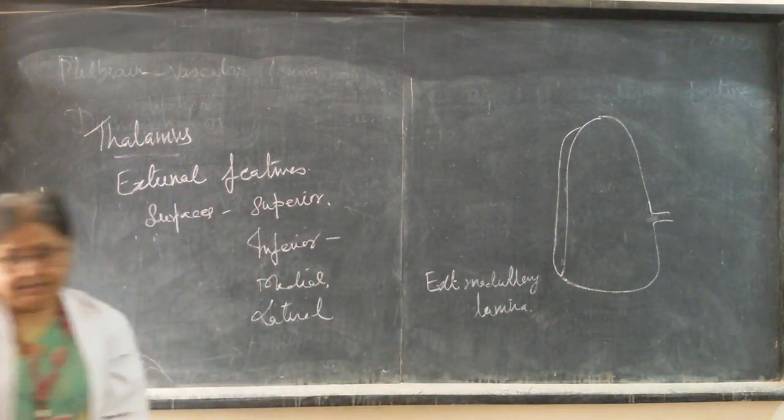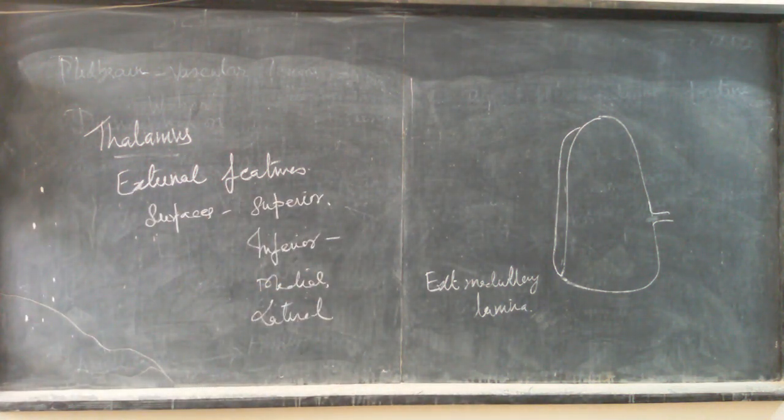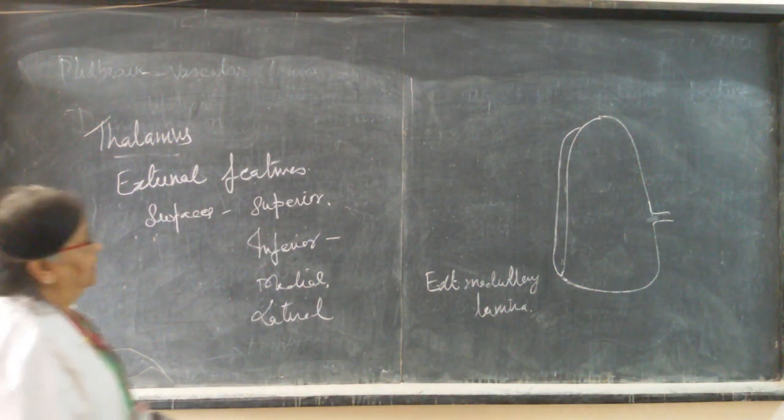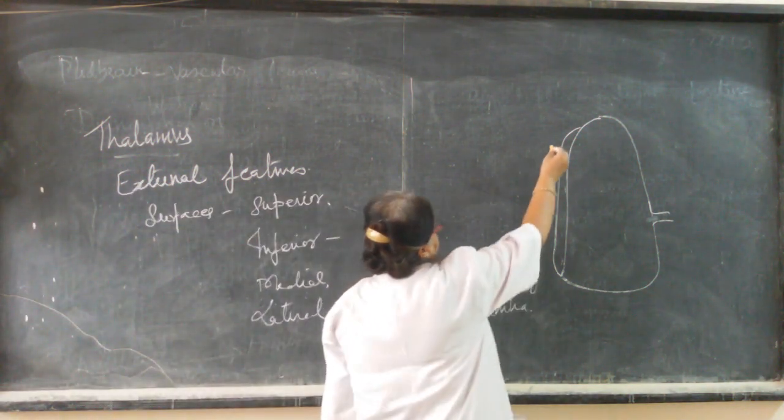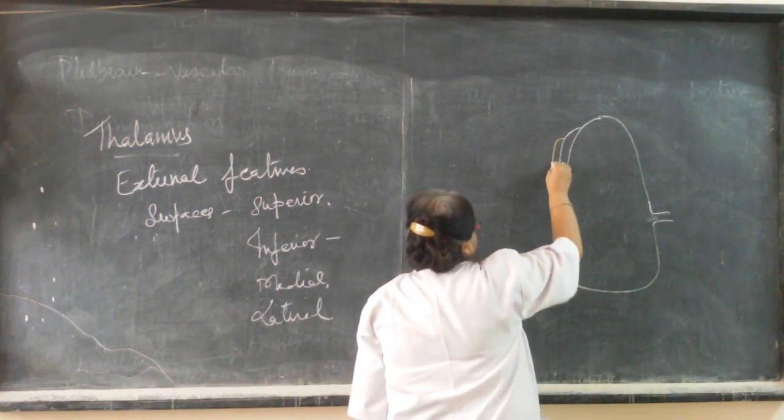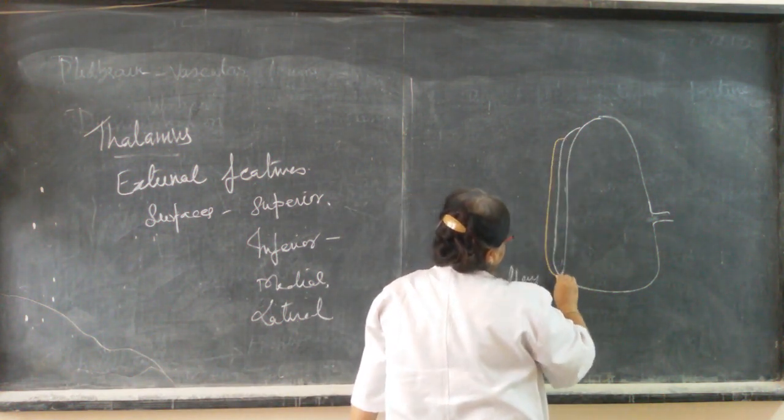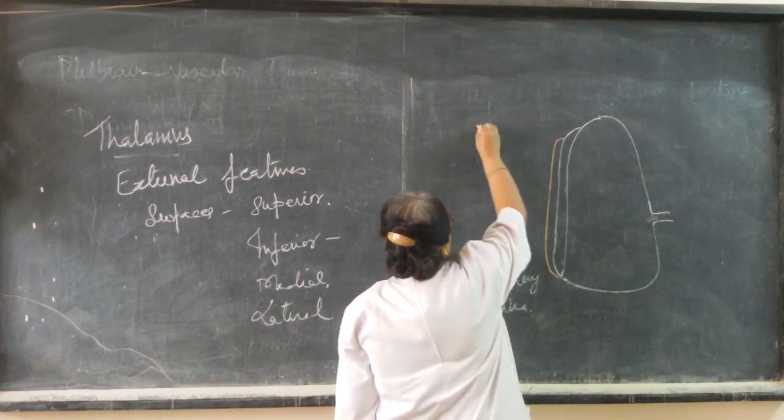And more laterally, we get a mass of grey matter which forms the reticular nuclei. This part is the reticular nuclei.